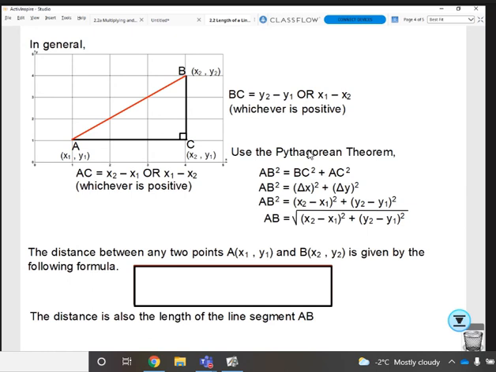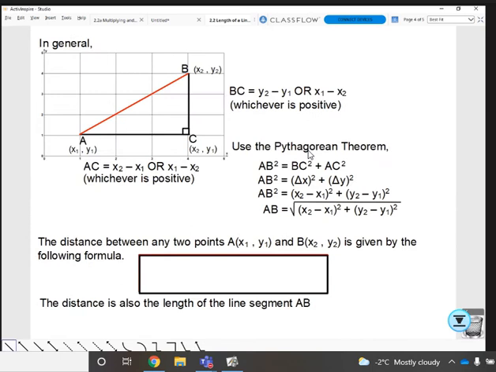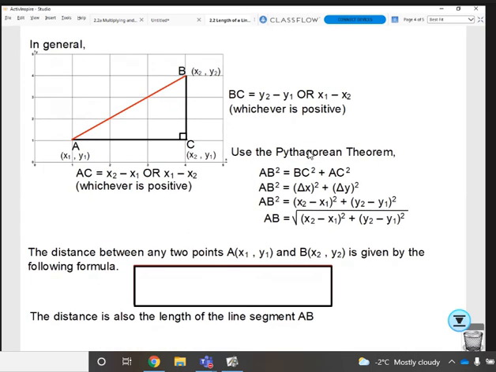We do know that we have to use the Pythagorean theorem, which is c squared equals a squared plus b squared, correct? On a right triangle, we're pretty good at this. This side length AB is called C in the Pythagorean theorem.